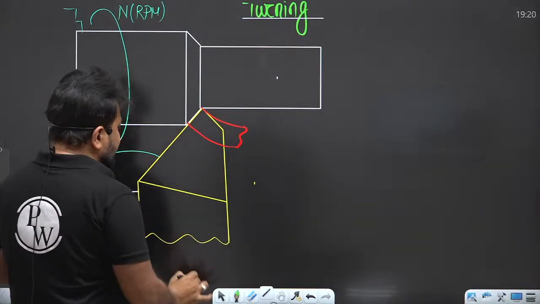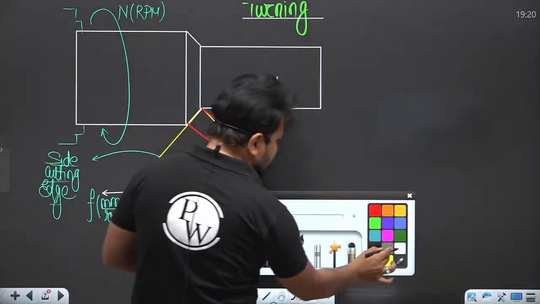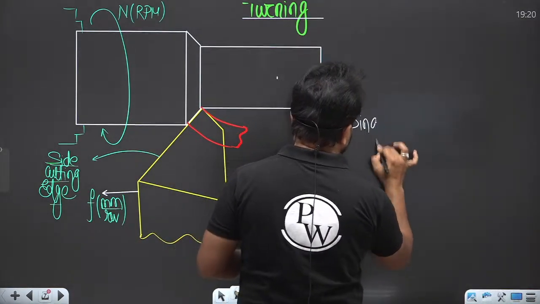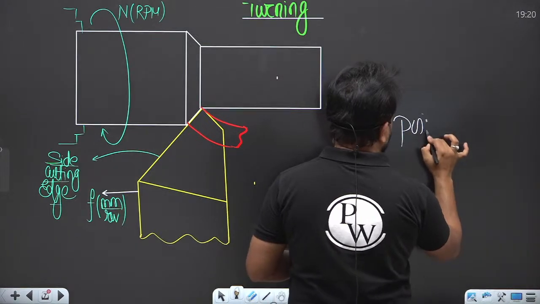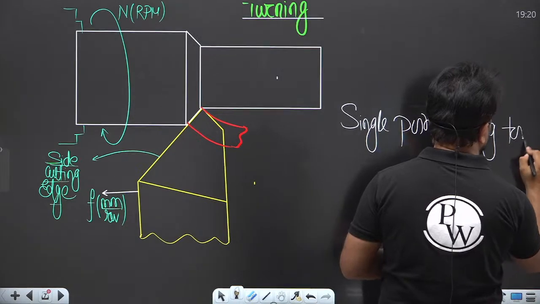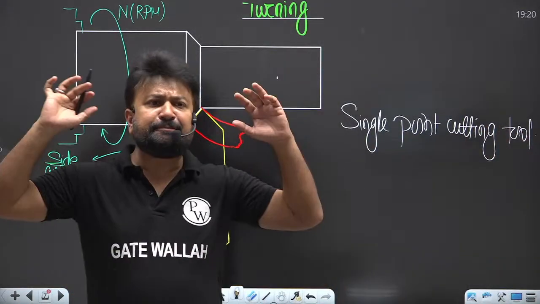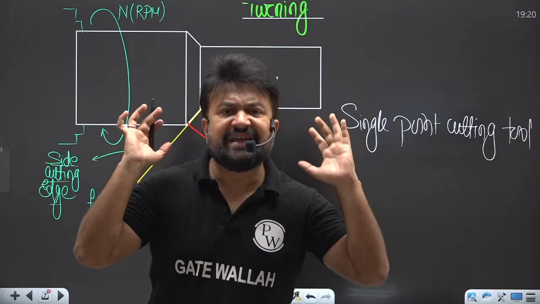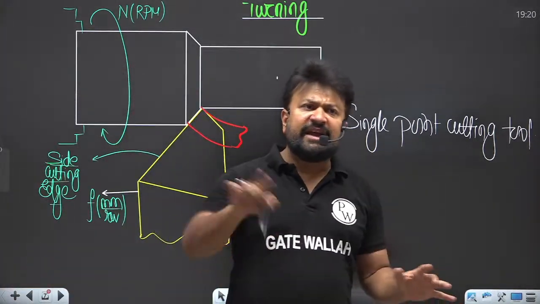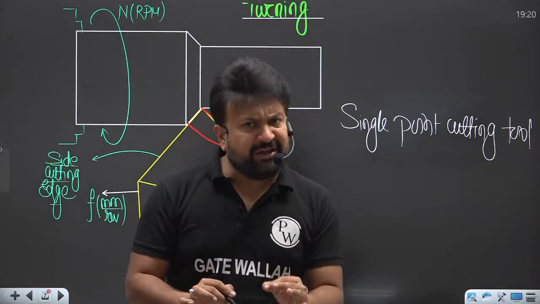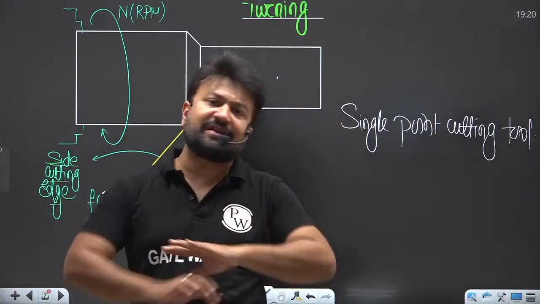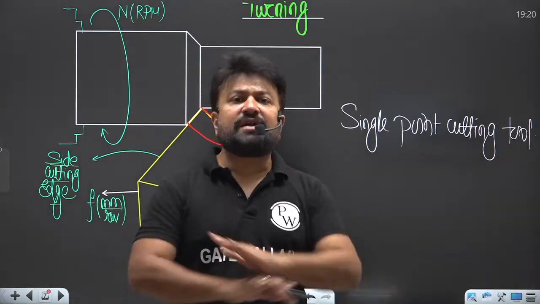So this is again your single point cutting tool. Is that point clear? Later I will tell you about the double point cutting tool and the multi-point cutting tool, but not right now.